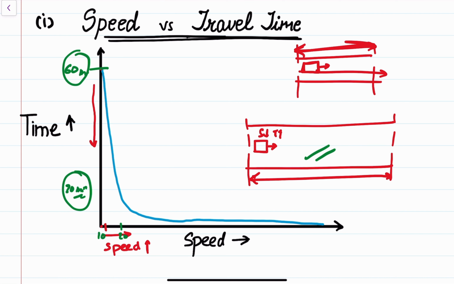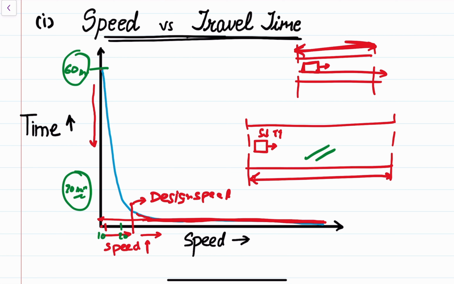So from here we observe that as the speed increases, the travel time decreases, and as soon as the speed reaches, let's say, a design speed, after that, if the speed is increasing, there will be a slight reduction in the time, and after that it will be more or less the same, right?